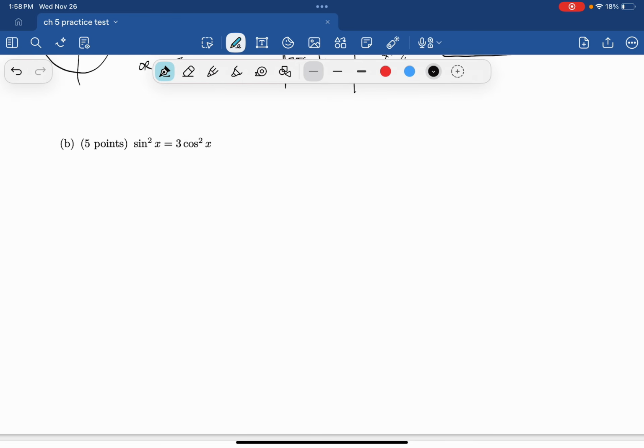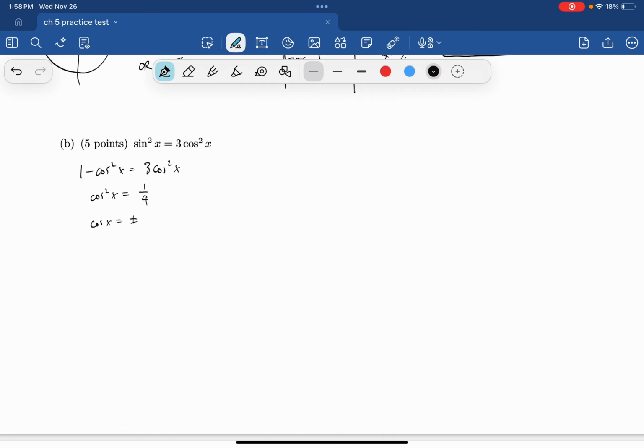Instead, what we're going to do is convert to sines and cosines, or convert to only sines or only cosines. Here I'm going to use the fact that sine squared equals 1 minus cosine squared. So that will leave me with cosine squared equals 1/4.